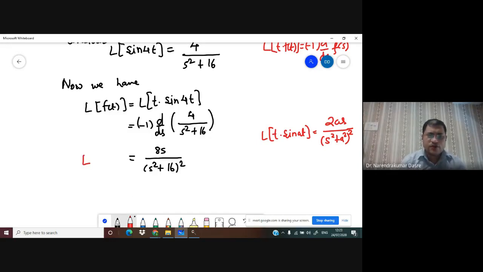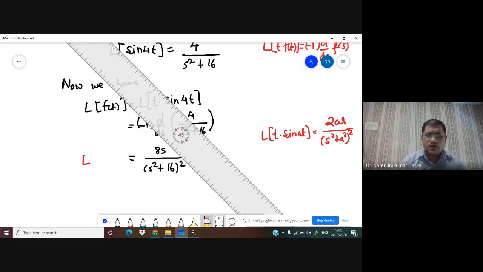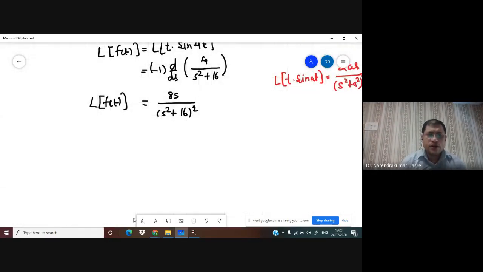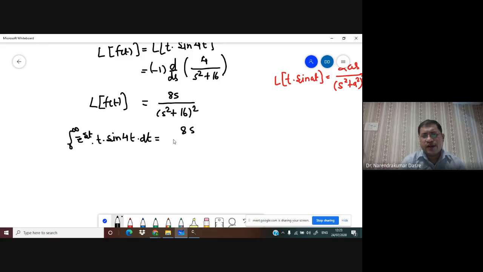So what we have got here is the integral from 0 to infinity of e raised to minus st into t into sine of 4t dt, which is equal to 8s upon s square plus 16 bracket square. So that's what we have got.